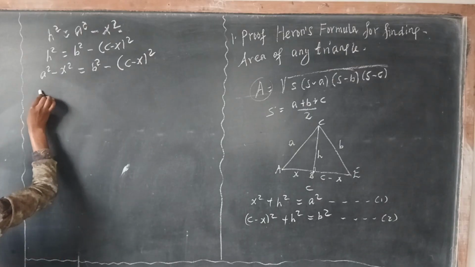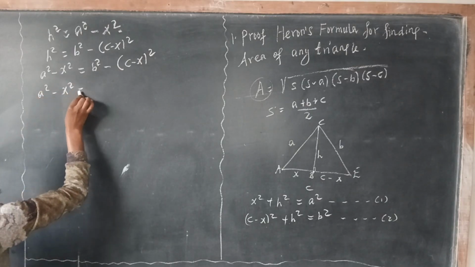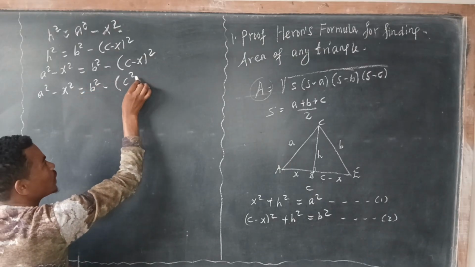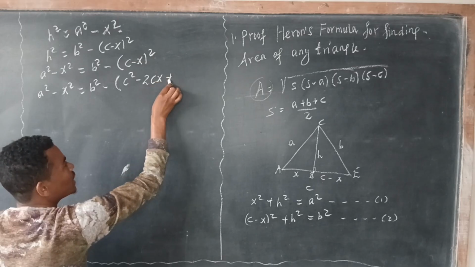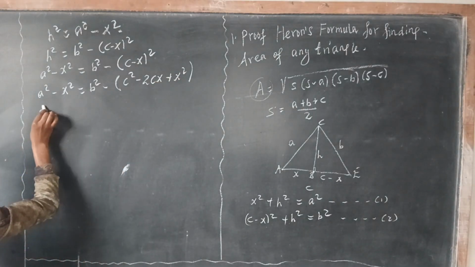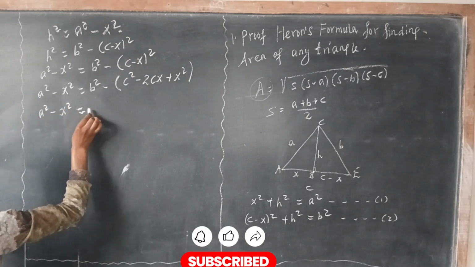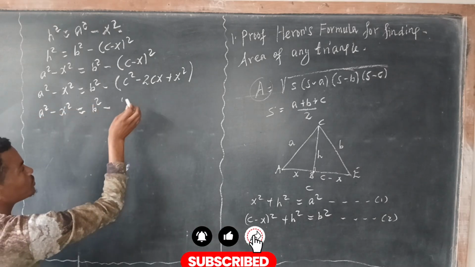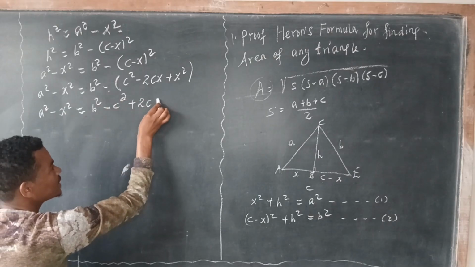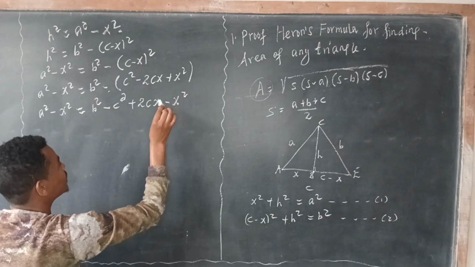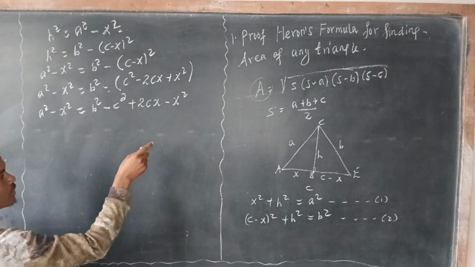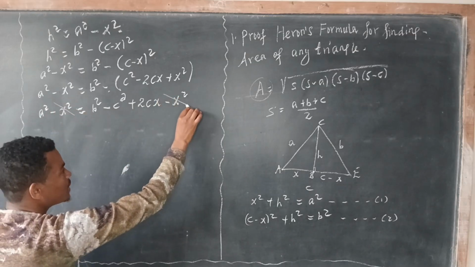From this, a square minus x square is equal to b square minus (c minus x) the whole square, which is c square minus 2cx plus x square. So a square minus x square is equal to b square minus c square plus 2cx minus x square. Now the minus x square cancels with the other one.